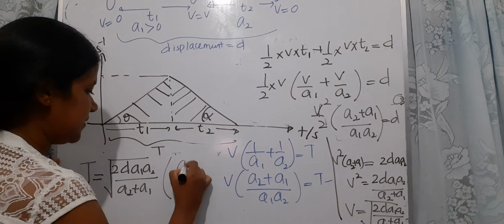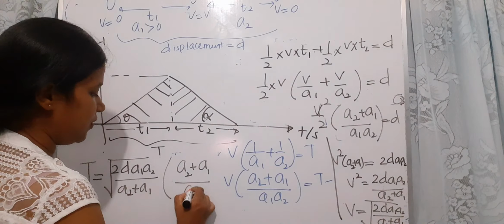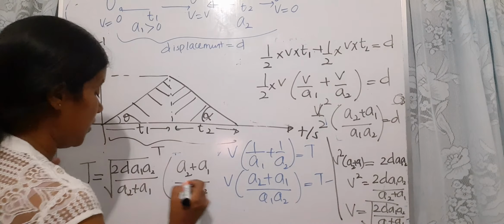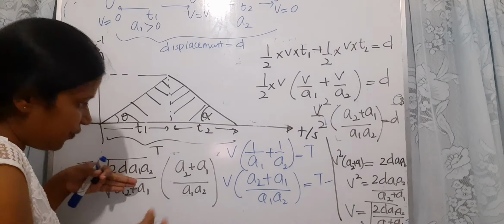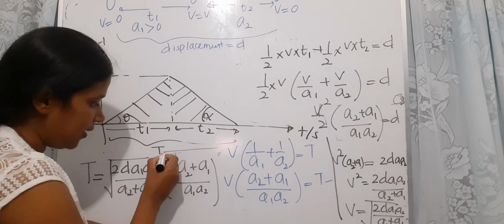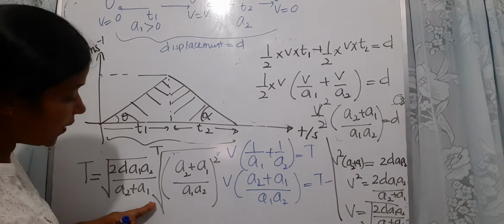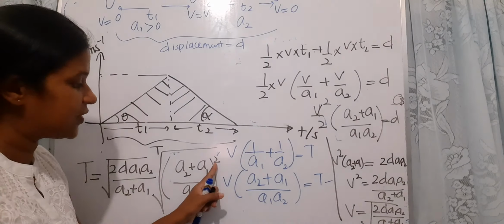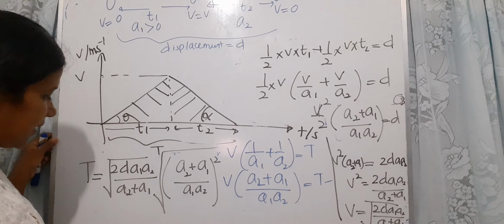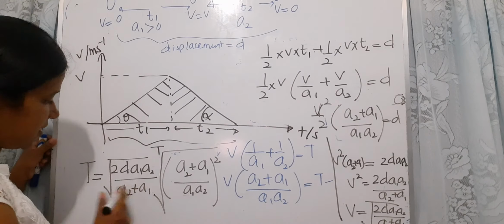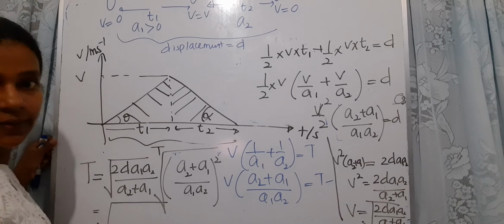If I apply the square root of these, then I have to square the whole thing. Then I can do simplifications like this.